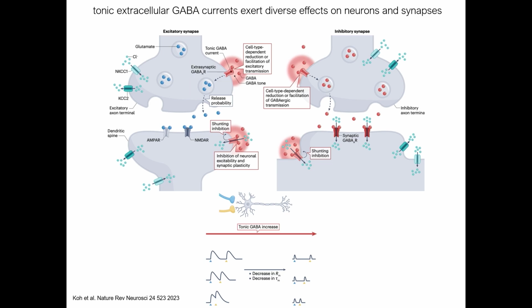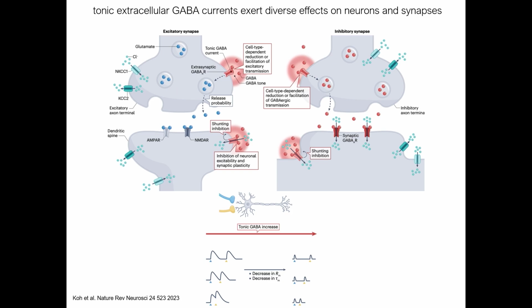To make a long story short, this slide goes into some biophysics that are beyond the scope of what I want to talk about, but the effects of raising GABA, which occur in SLC6A1, can lead to multiple types of effects, including increases in excitation or inhibition of excitatory synapses.